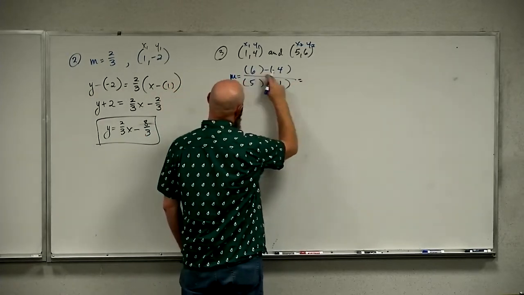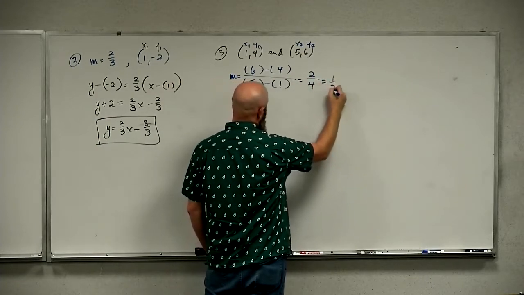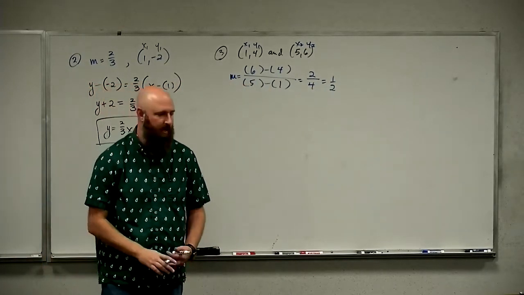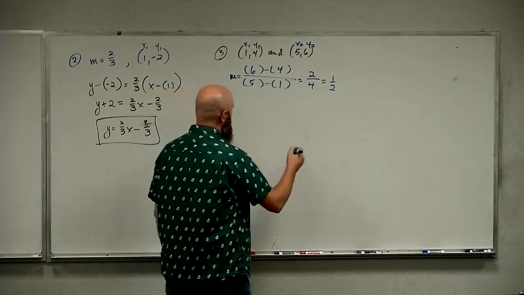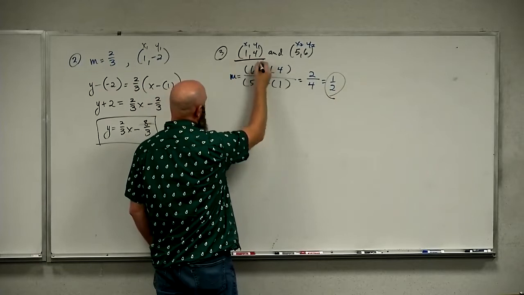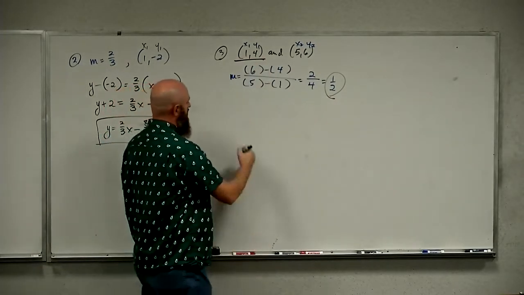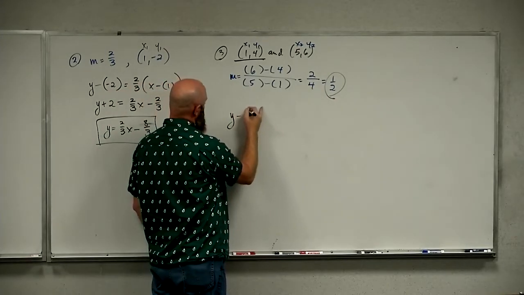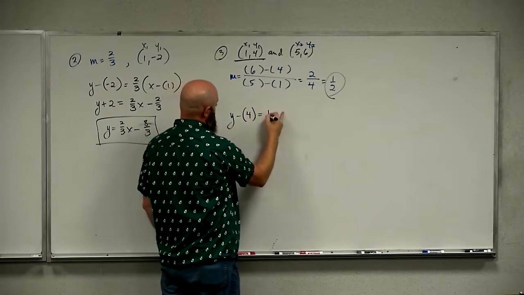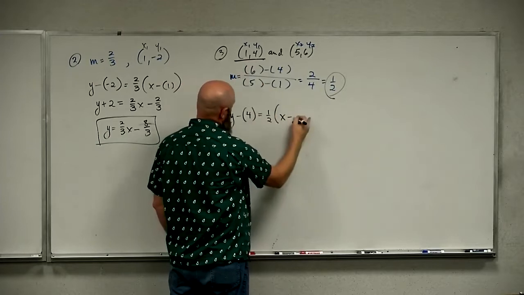So that's going to give me 6 minus 4 is 2, 5 minus 1 is 4. So we get 1/2 as our slope. Okay? Now that we have our slope, we pick one of our points. Well, I've already got one labeled as x1, y1, so that's going to be the one that I use. So y minus y1, which is 4, equals m, 1/2 there, x minus x1, 1.